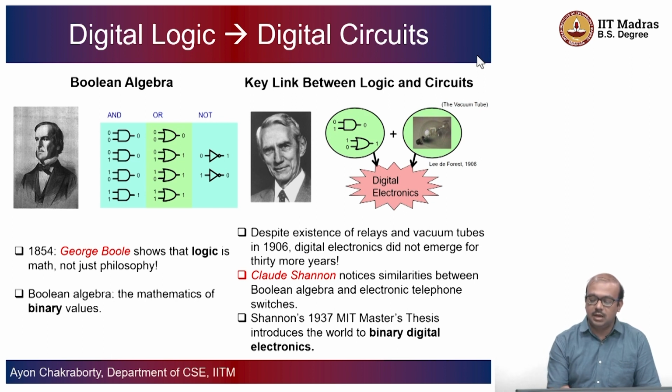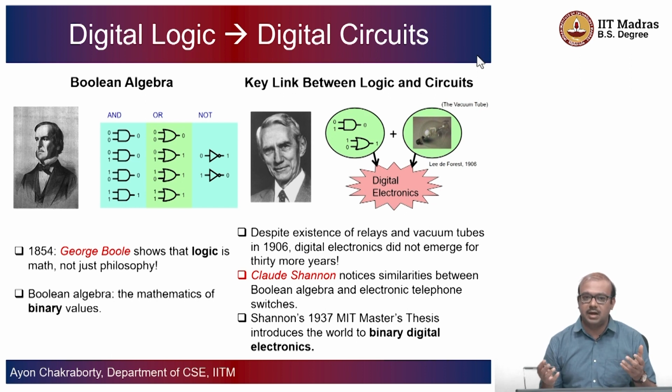He noticed the similarities between Boolean algebra and electronic telephone switches, right? At that time, most of the circuits being developed went to telephone line switching. Okay, maybe in a networking class you will know more about them, but for now you can just assume that he is the one who married these two fields.